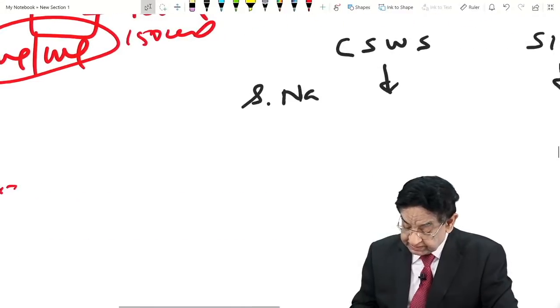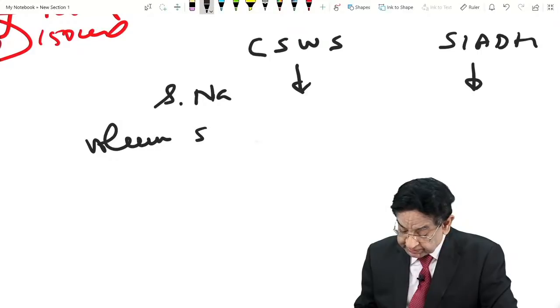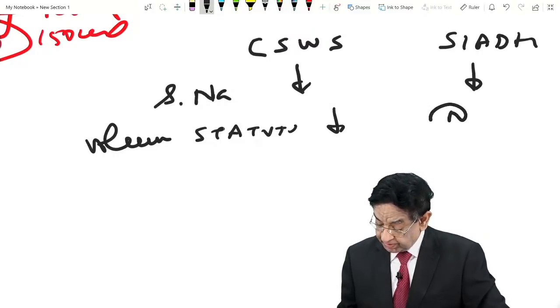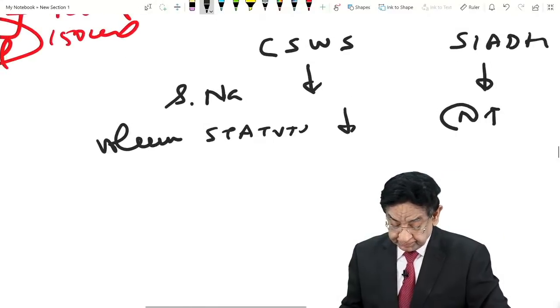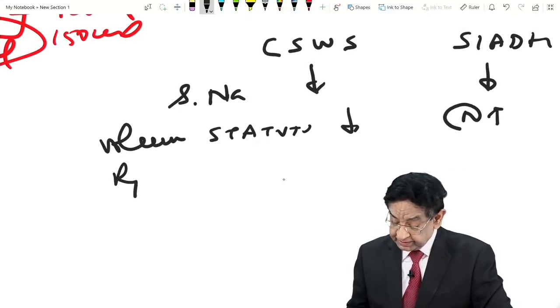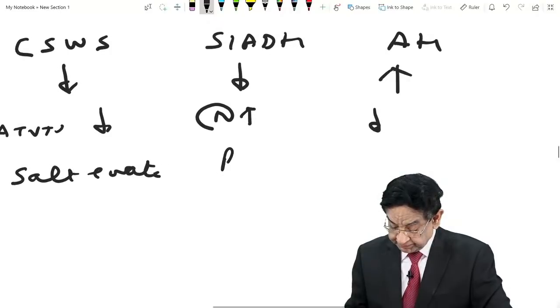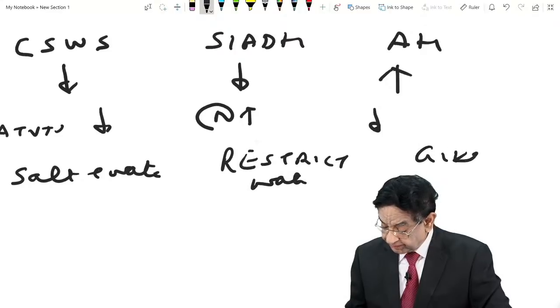Second is fluid volume status: it is reduced in cerebral salt wasting, normal or slightly increased in SIADH, and reduced in adipsic. Treatment: salt plus water; restrict water; give only water.